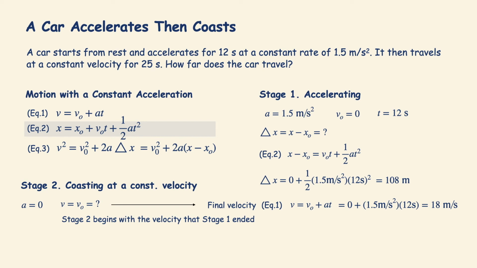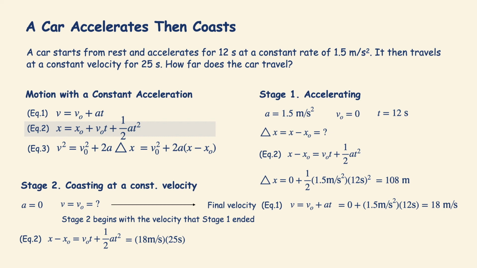If I want to find the displacement at stage 2, I have to go back to equation 2 again. X minus x naught will be equal to v naught t plus 1/2 at squared, and apply it for stage 2. Here, the initial velocity at the beginning of stage 2 is going to be 18 meters per second.